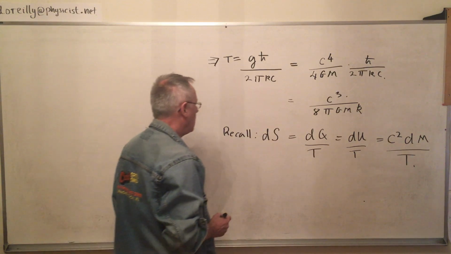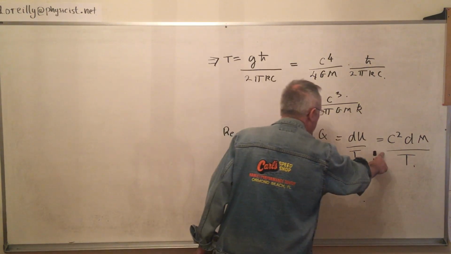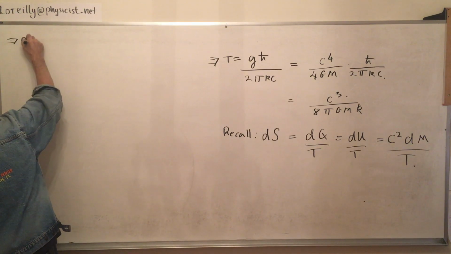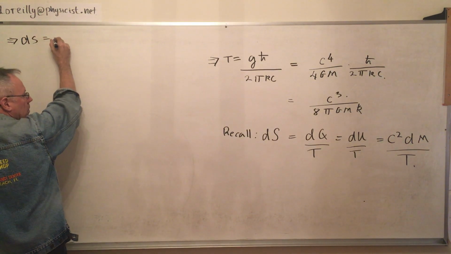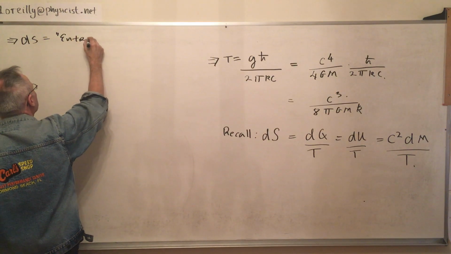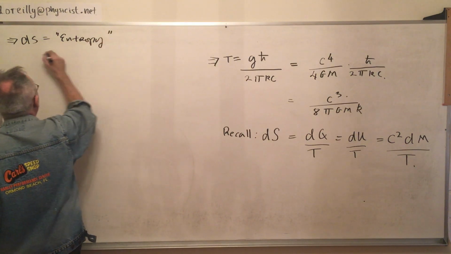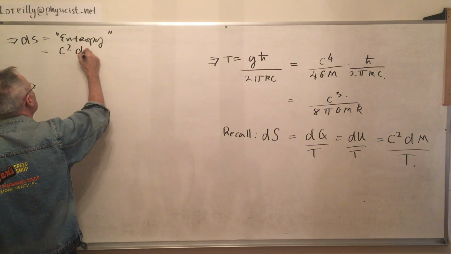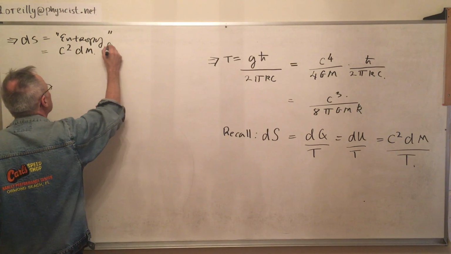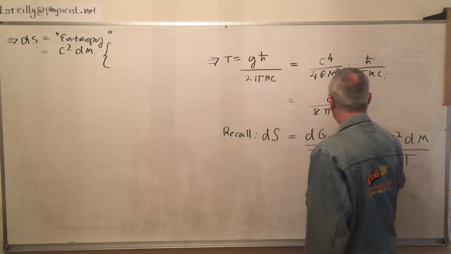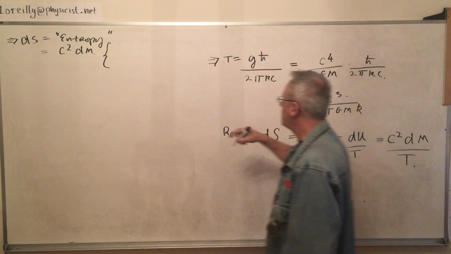So, dS. I need to substitute everything in here. Now this is going to be 1 over T. This is our T, so its reciprocal is going to be this thing inverted.